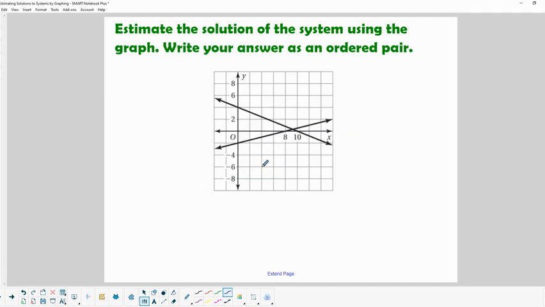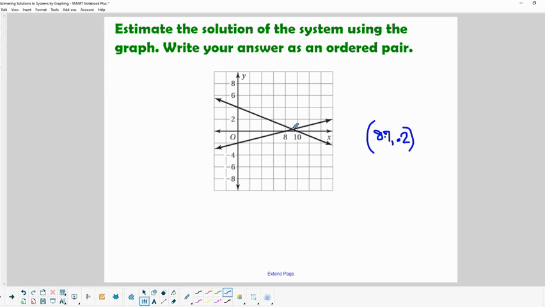How about that one? That one looks very similar to the one we did 2 examples ago. So the x value would be about 8.7. So over 8.7 and up, oh boy, that's not very far at all, up about 0.2. And you're just estimating.